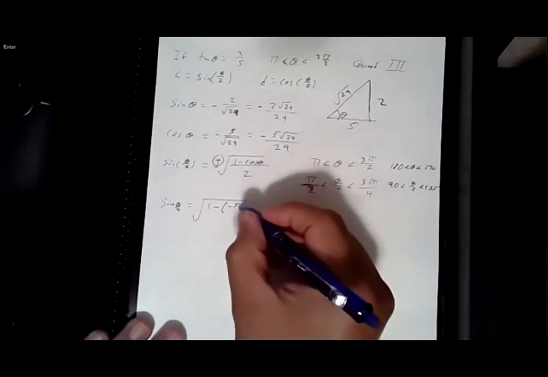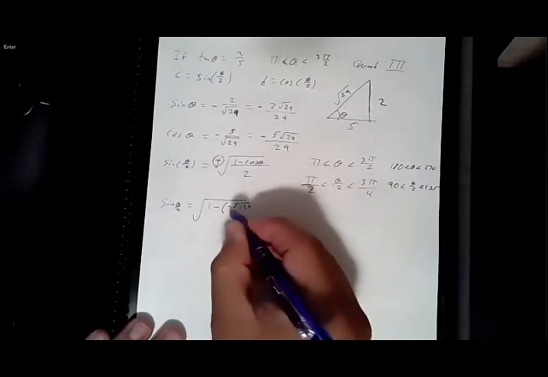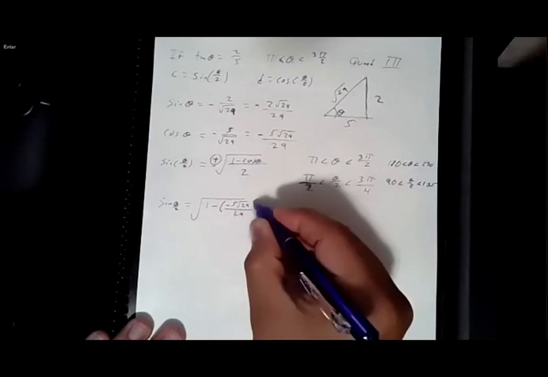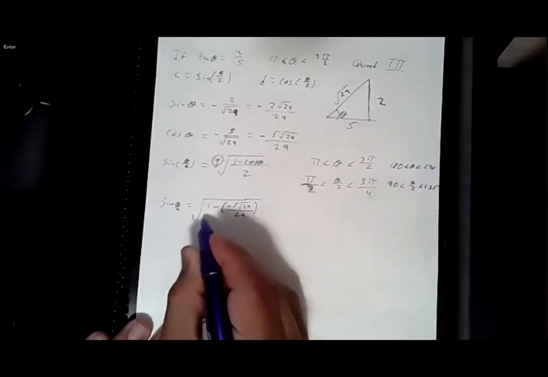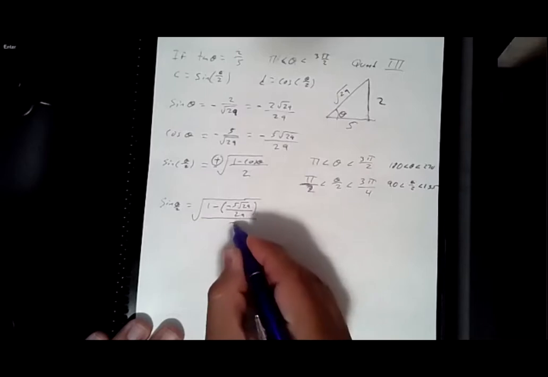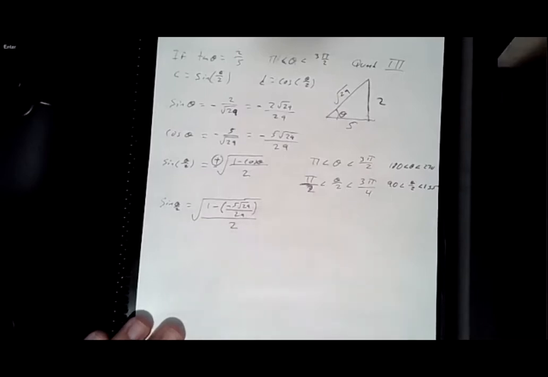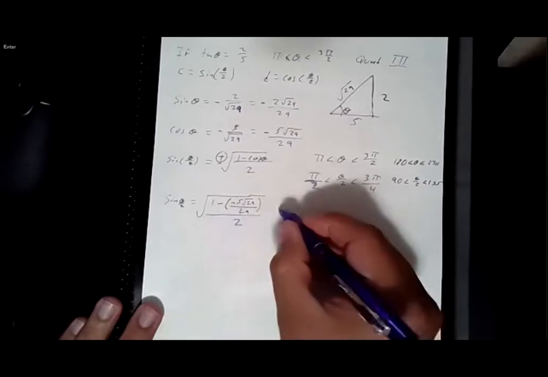So that'll be root 29 over 29. Doesn't look very pretty though. Everything divided by 2, right? So it'll be a minus minus.